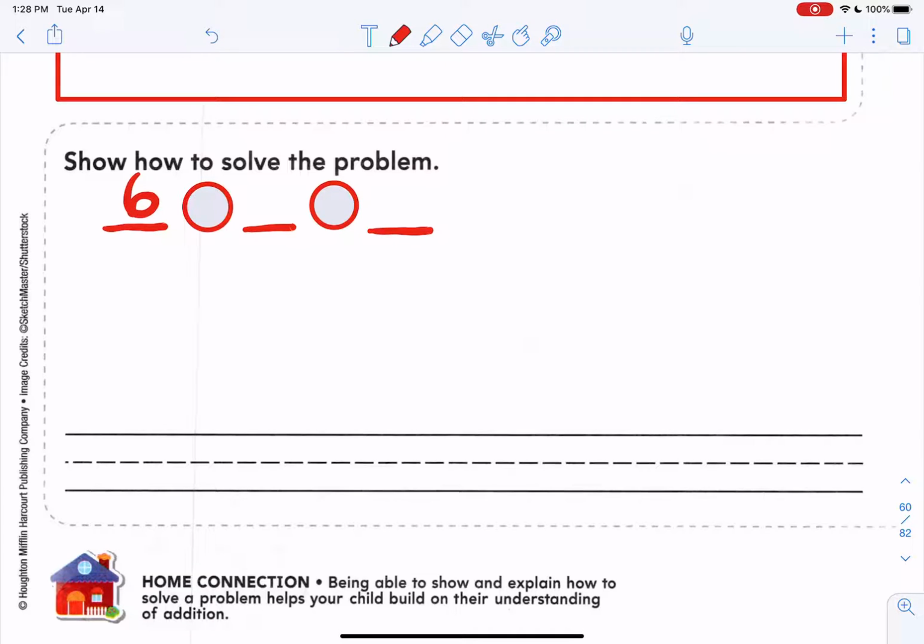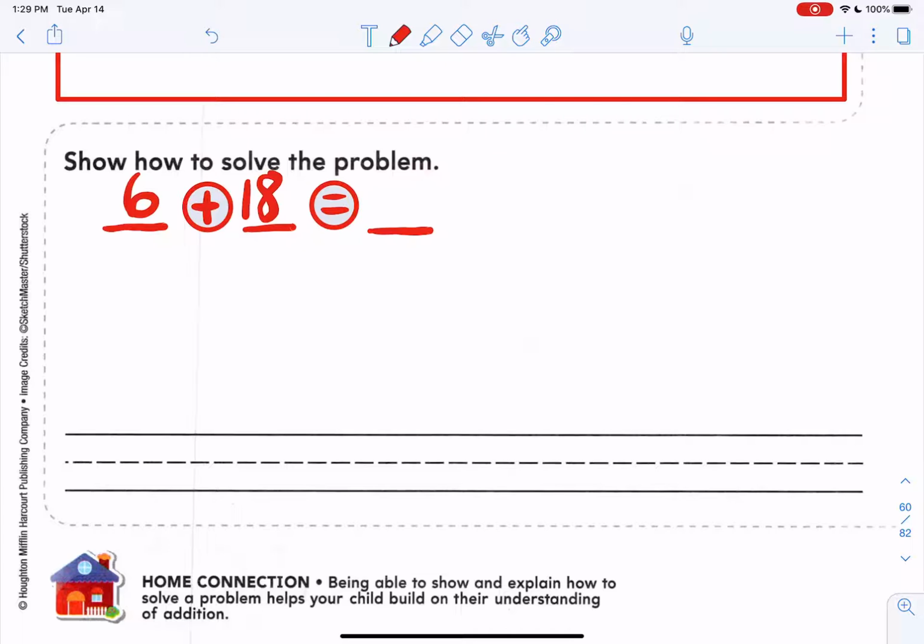How many did he have? 18. Let's put that right there. Now, are we going to add or subtract? Well, in these problems today, when we are putting 2 groups of things together, that's adding. So we put the addition symbol right there. And of course, the equal sign goes right there.